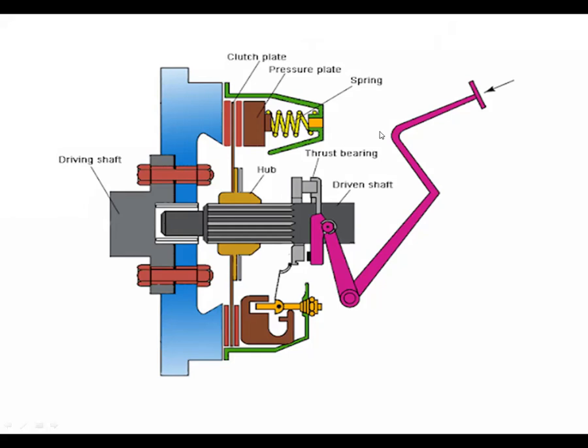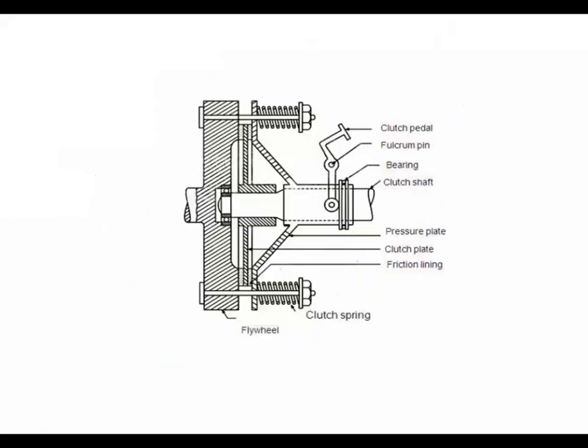So if we know all these parts, then and only then we will jump towards the assembly and detail drawings of clutch. So driving shaft, driven shaft, clutch plate, pressure plate, springs, hub, thrust bearing, all these are the parts of clutch.